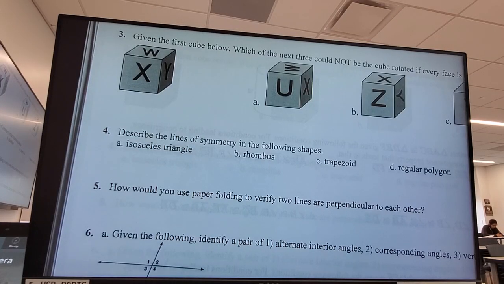Actually, the best way is to do it along one line and see if the other line folds on itself. If they're a little off, then it's not quite 90 degrees, right? So fold one line onto itself and see if the other line folds onto itself.